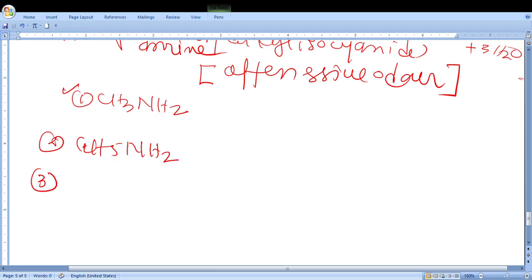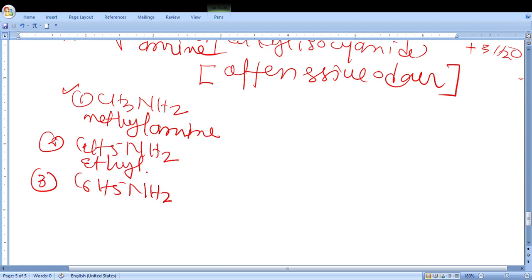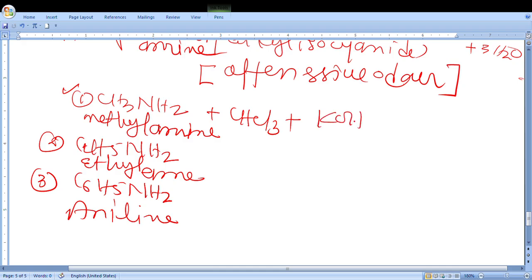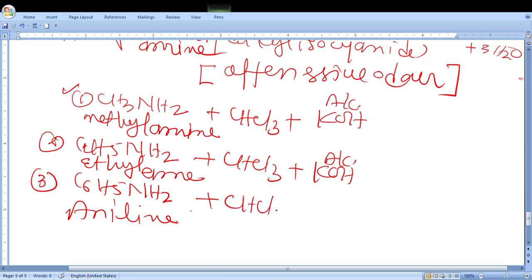And third we are taking C6H5NH2. So in this reaction, aliphatic and aromatic, both amines are taken. So this is aniline, which is aromatic, will be treated with CHCl3 plus KOH, alcoholic, not aqueous, because all are organic compounds.